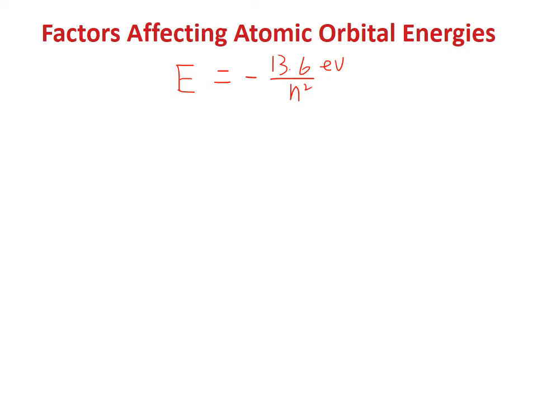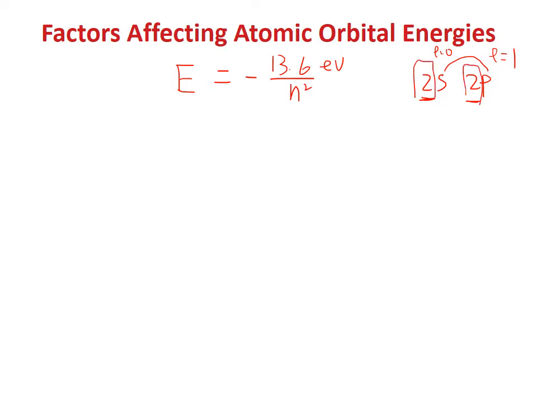So if an electron is in 2s orbital or 2p orbital, they will have the same energy because they have the same principal quantum number, even though the angular momentum quantum numbers are different. So here L equals 0 and here L equals 1, but they have the same energy because they have the same principal quantum number.